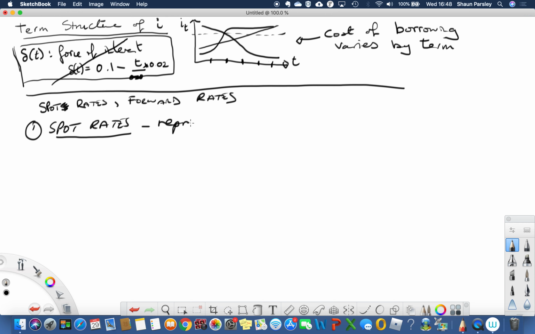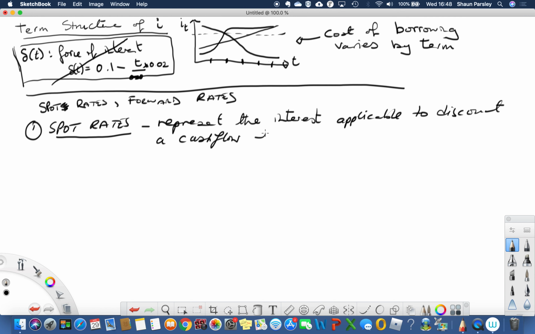Well, they represent the interest rate applicable to discount a cash flow from t back to 0.